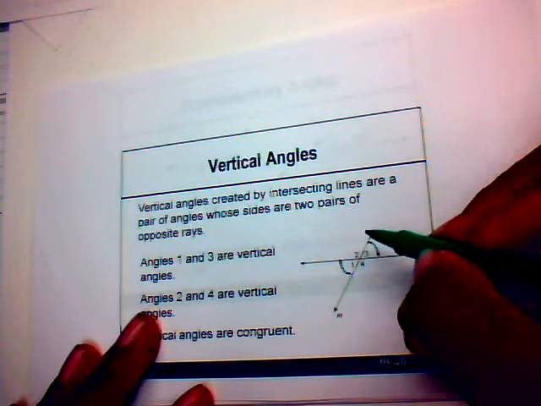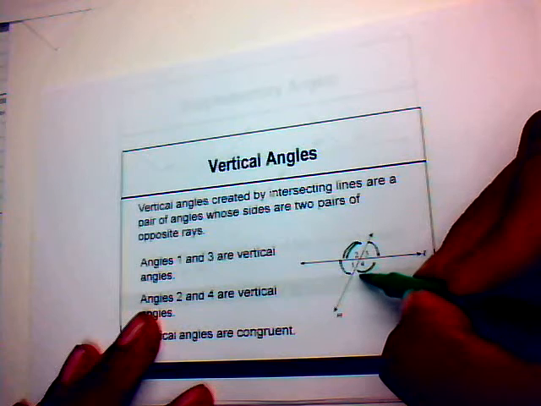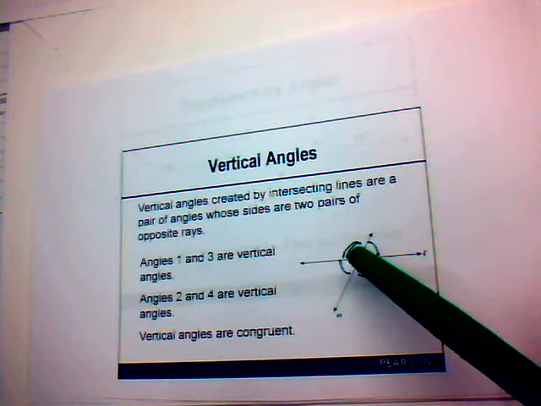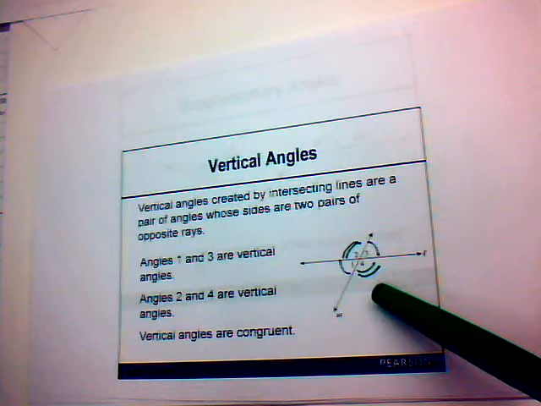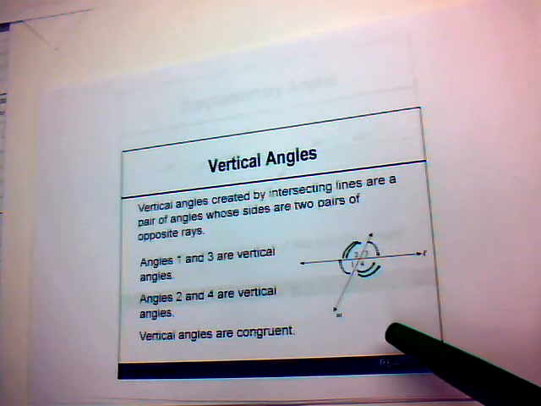And also angle 2 and angle 4 are another pair of vertical angles. Those two angles are formed by two pairs of opposite rays.